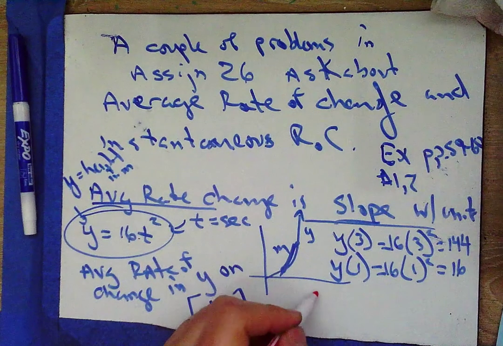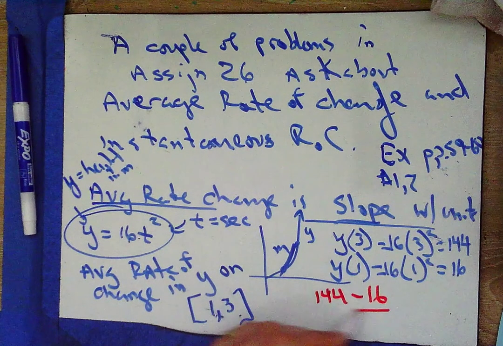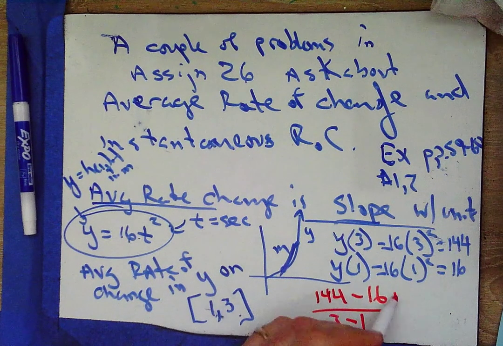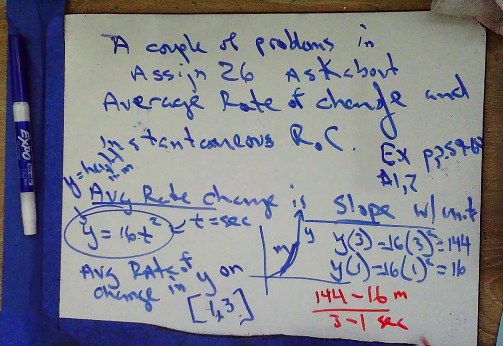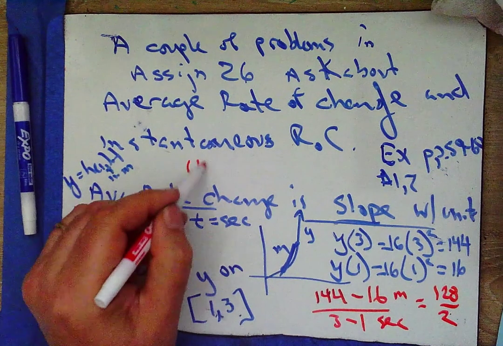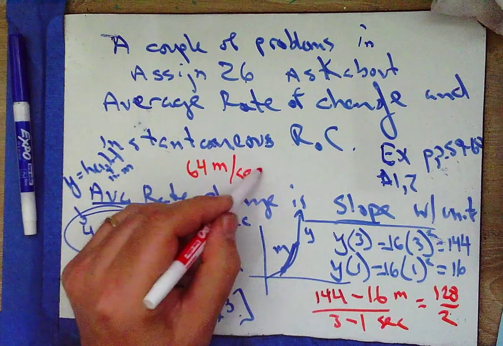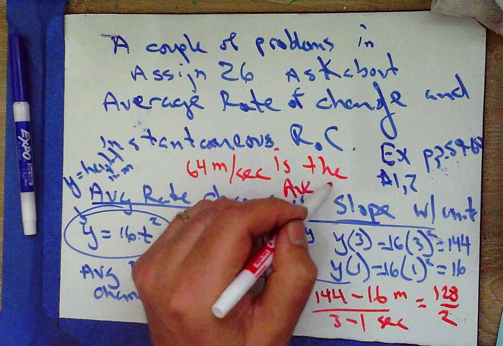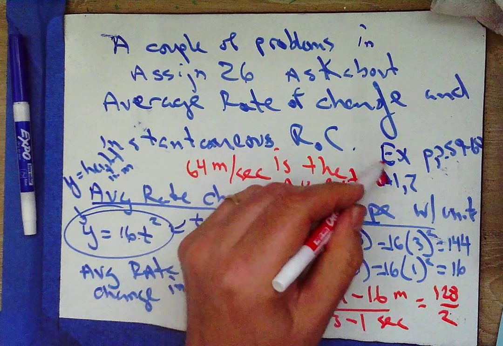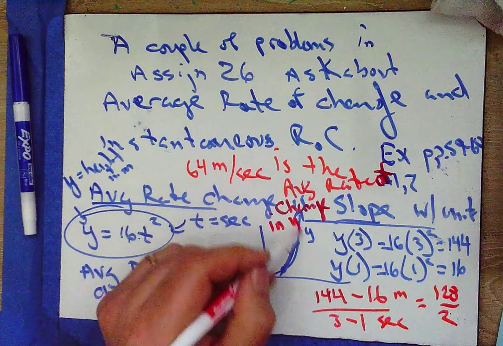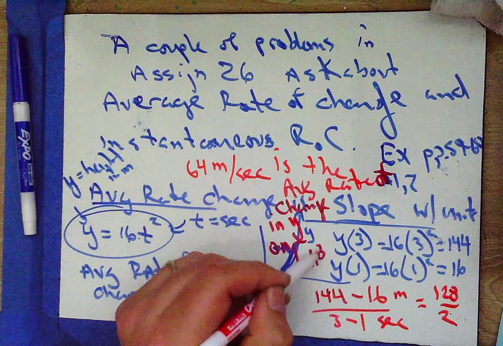So my slope will be 144 minus 16 over 3 minus 1. Remember, the units here are meters, and the units here are seconds. So what do we get? We get 128 over 2, or 64 meters per second is the average rate of change in y on 1 to 3.